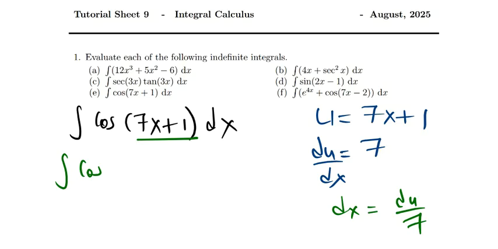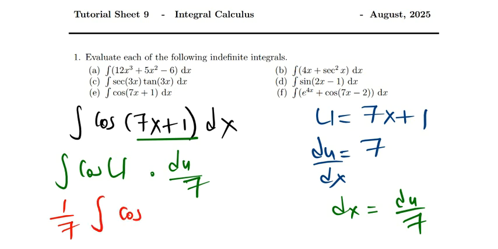So this becomes cosine of u. For our dx, it becomes du over 7. You pull out the 7, which is 1 over 7. We need to integrate first of all before we get to this point. So 1 over 7 integral of cosine of u, and then remaining with a du there.